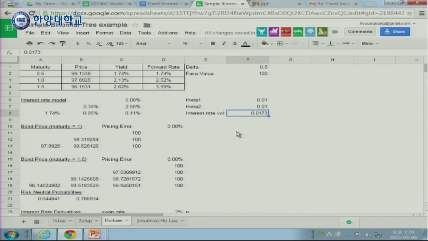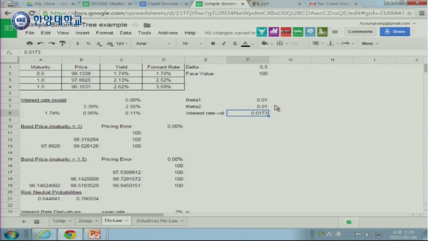If you use daily data, then you can calculate the standard deviation and multiply by root of 250, something like that. So it is very easy. This is something you can calculate. So let's say this value is like this.